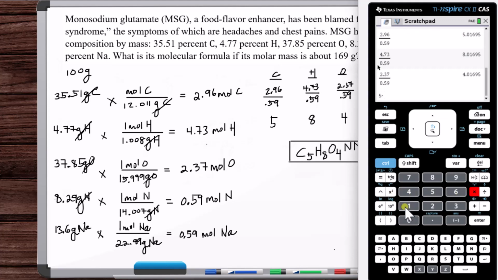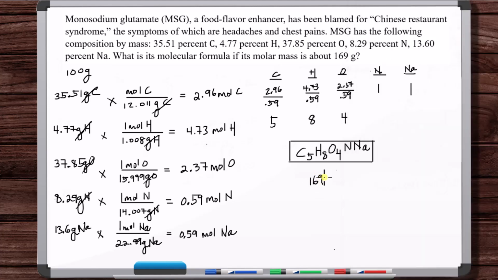So we do 5 times 12.011 plus 8 times 1.008 plus 4 times 15.999 plus 14.007 plus 22.99, which gives about 169.